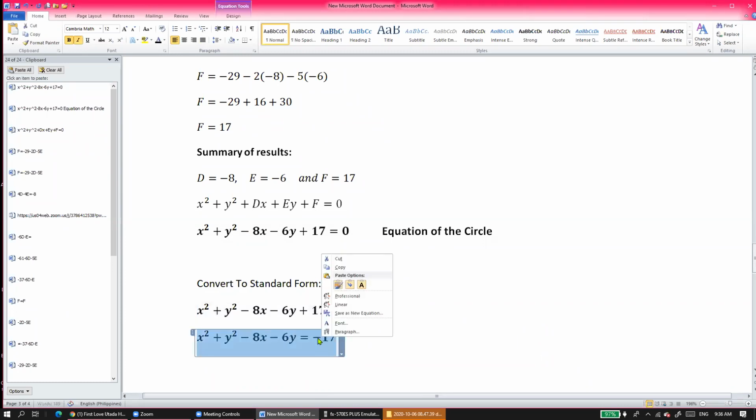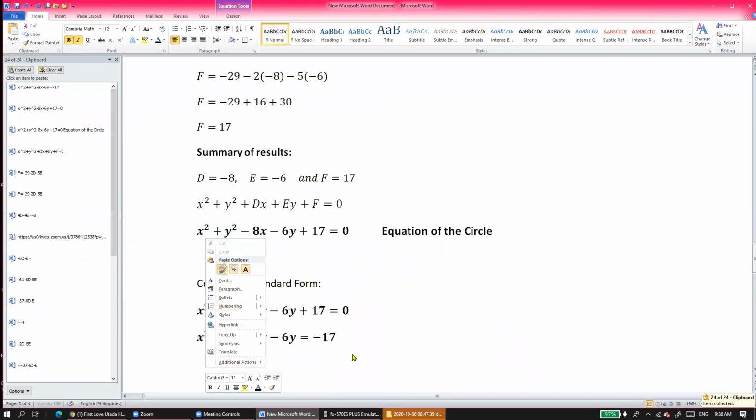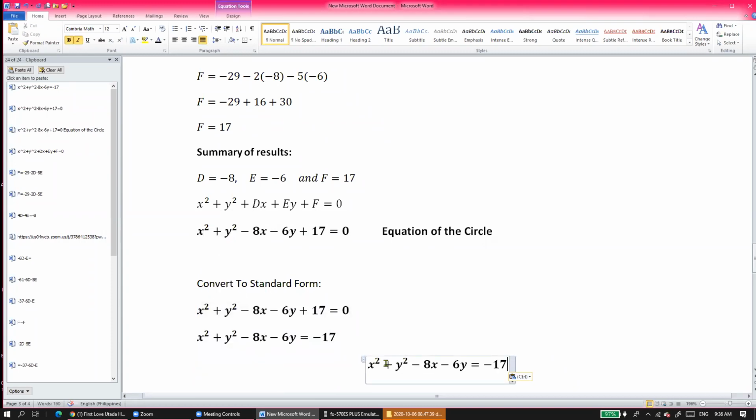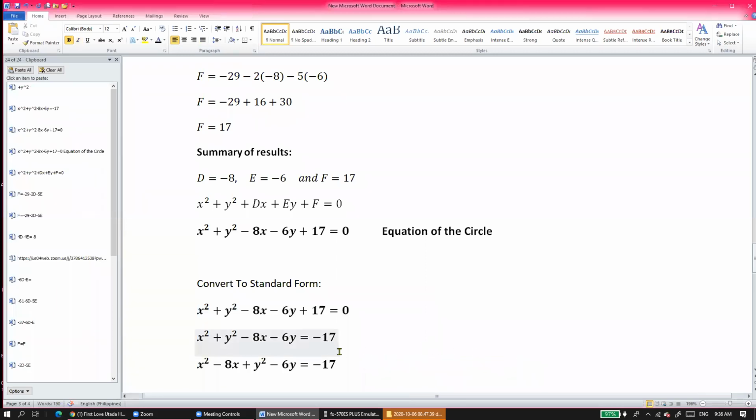So copy-paste ko uli yan. So pagsunurin lang natin, no? Cut ko yung y square. So dadaling ko dito. Yan. So tingnan natin yung sign. X square minus 8x plus y square minus 6y equals negative 17.